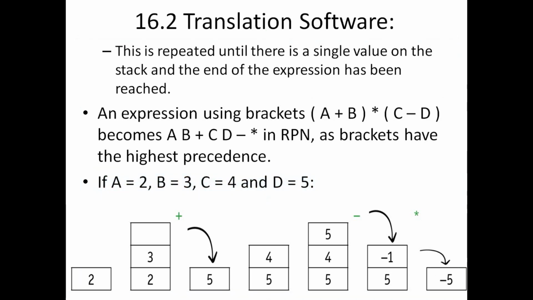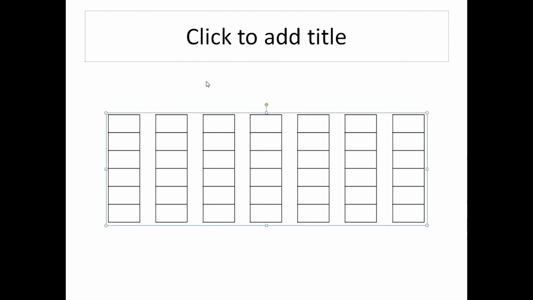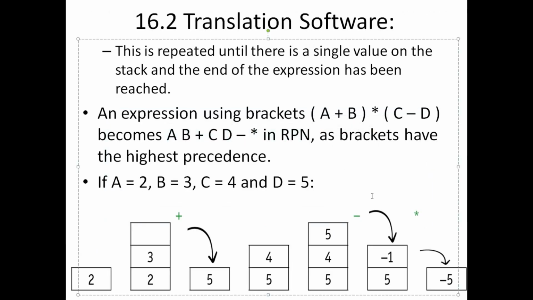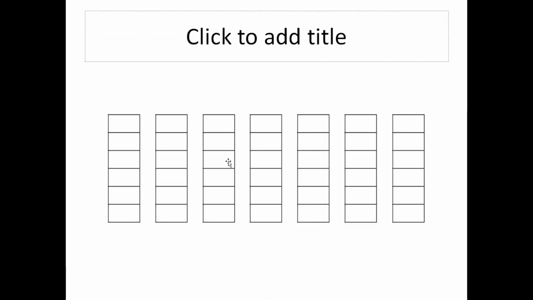Let me show you an example. Something like this will be given to you, a blank diagram consisting of multiple stacks along with the expression and some supposed values for the variables. So first of all, you'll need to convert it in RPN, and then you can use this blank stack diagram in order to solve and evaluate your expression.